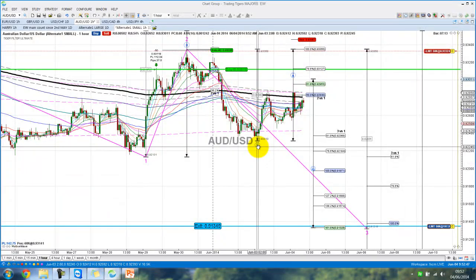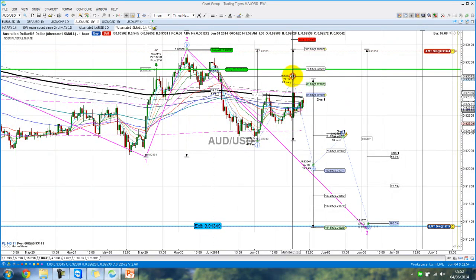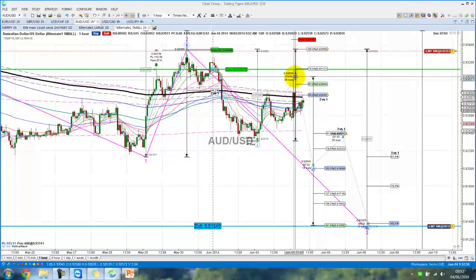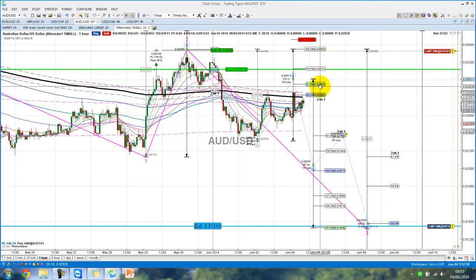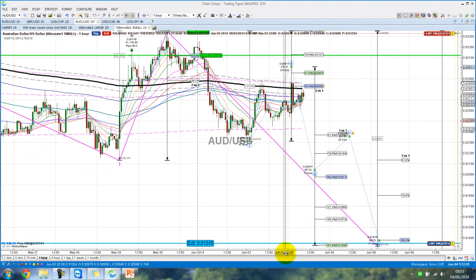Wave 1 is in the low of June the 3rd, and the wave 2 came up and passed our 61.8%, right? Came down, and you can see how our support and resistance lines have held the price within, right?